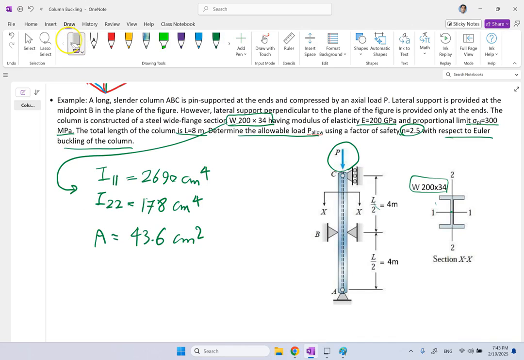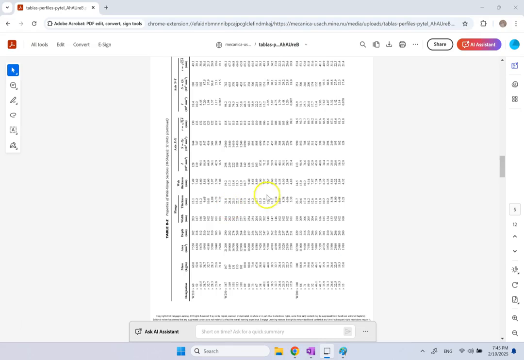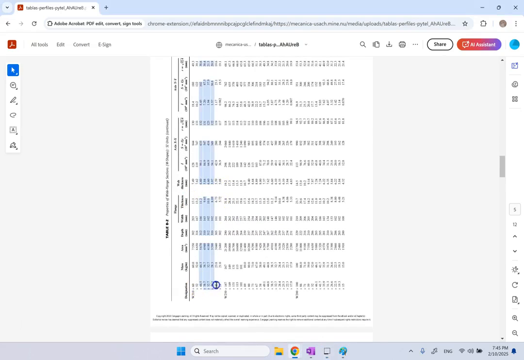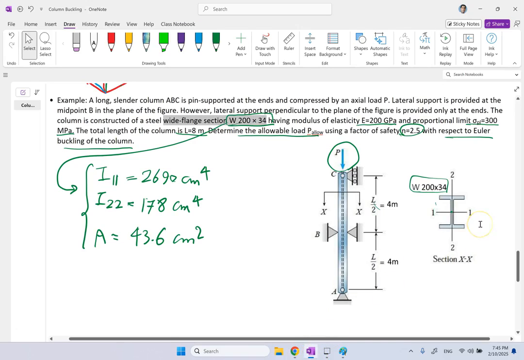These come from the W200 by 34. There are tables like this, and you can follow the W designation, and see the mass, area, depth, width, thickness, everything, and then the I's for XX and YY. So all of the information is available in those tables. So I got all of these.